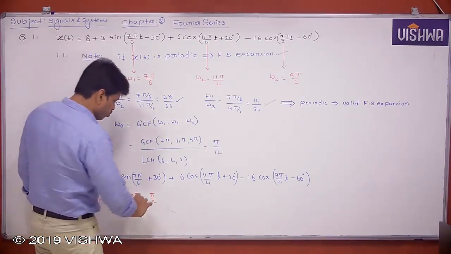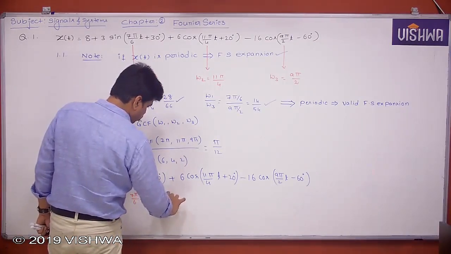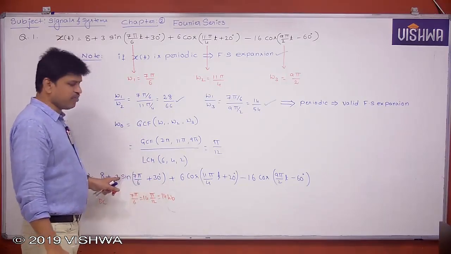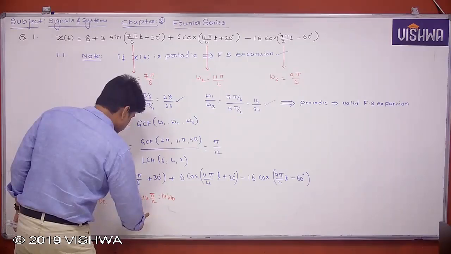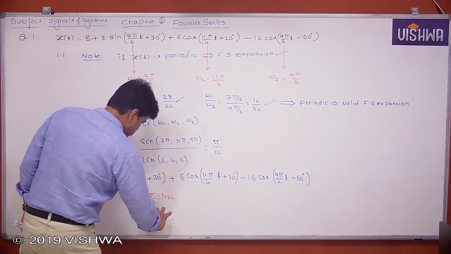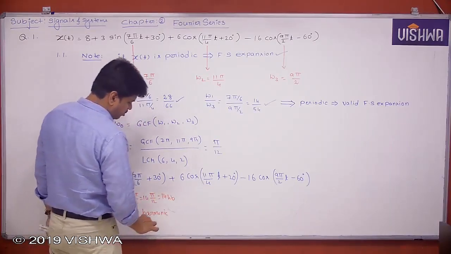It is simply 14. So this is 14 omega naught. That means the term is the 14th harmonic. It is a 14 multiple of the fundamental frequency.